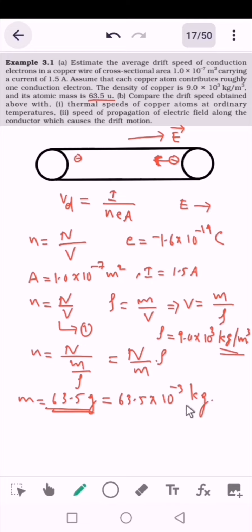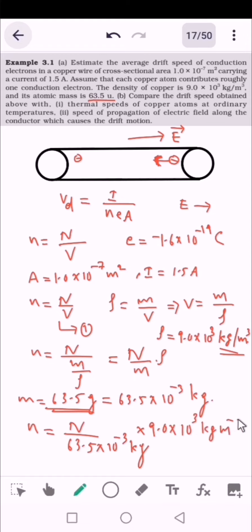So once you substitute these values in this equation, you will get the number density n divided by 63.5 into 10 raised to minus 3 kilogram, into 9.0 into 10 raised to 3 kilogram per meter cube.